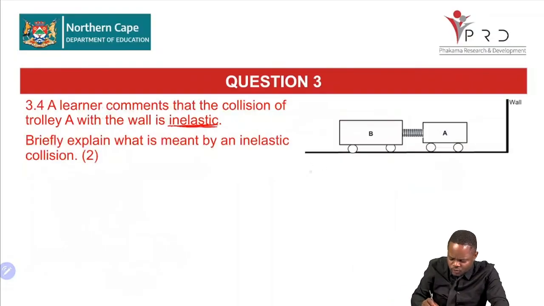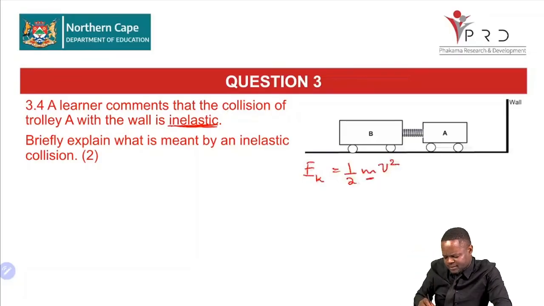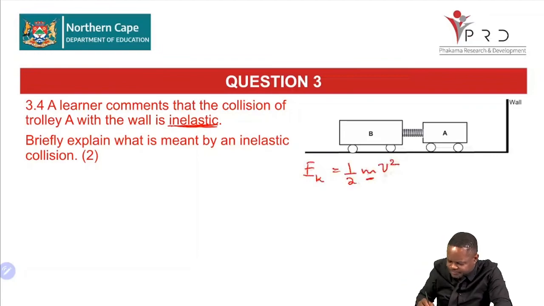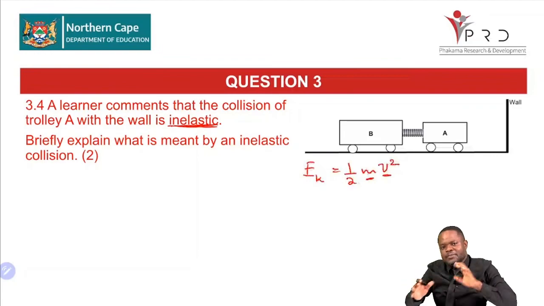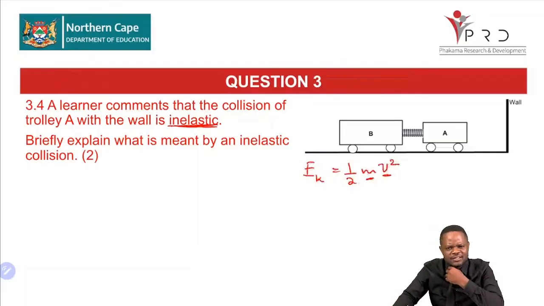And you do well to remember that your kinetic energy, EK, is half mv squared. And when you're dealing with a particular object, you know that the mass will never change, right? So what is going to determine that the kinetic energy is going to change or not in a collision is what? The velocity.